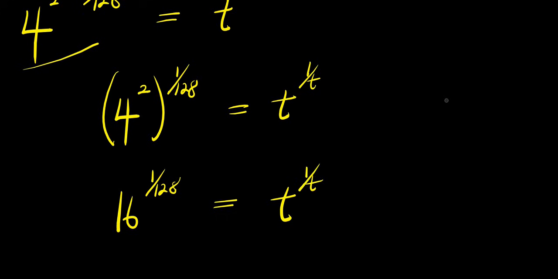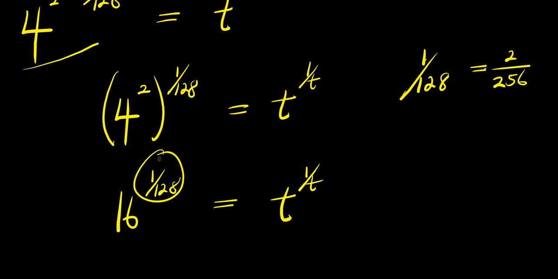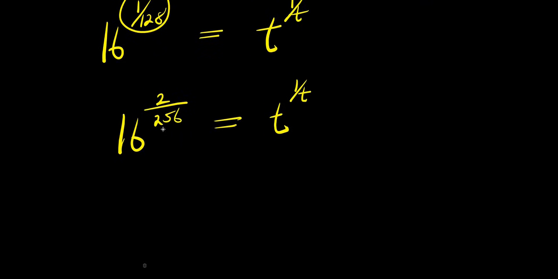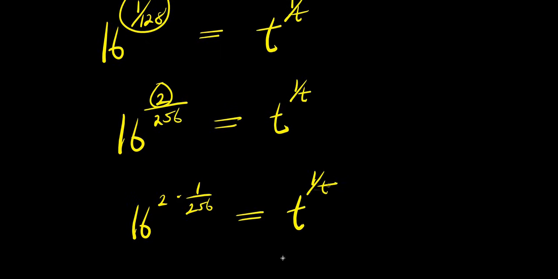Now, 1 over 128 equals 2 over 256. We replace it here. We have 16 power 2 over 256 equals t power 1 over t. I factor out 2 again. I have 16 power 2 times 1 over 256 equals t power 1 over t.